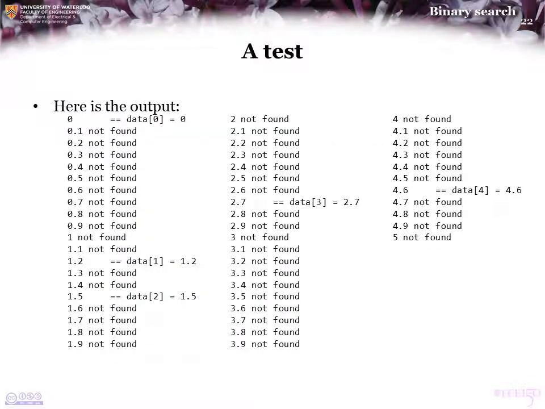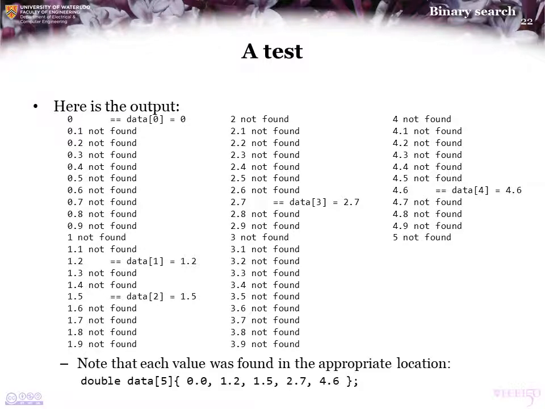If we run this test, here's the output. So we notice that for each value that is in the array, it was found at the appropriate location. 0 was found at index 0, 1.2 was found at index 1, 1.5 is found at index 2, 2.5 is found at index 3, and 4.6 is found at index 4.